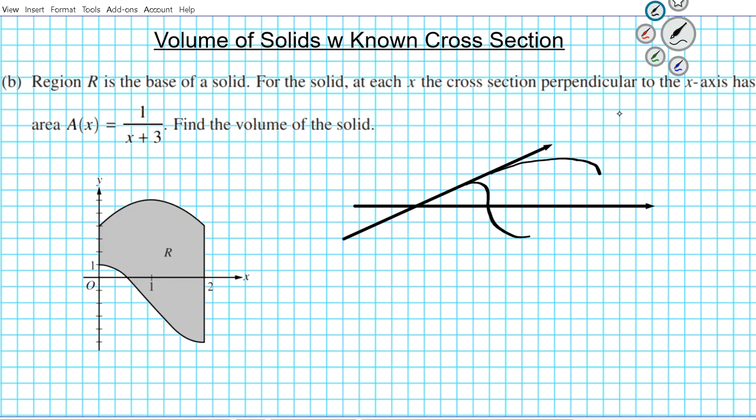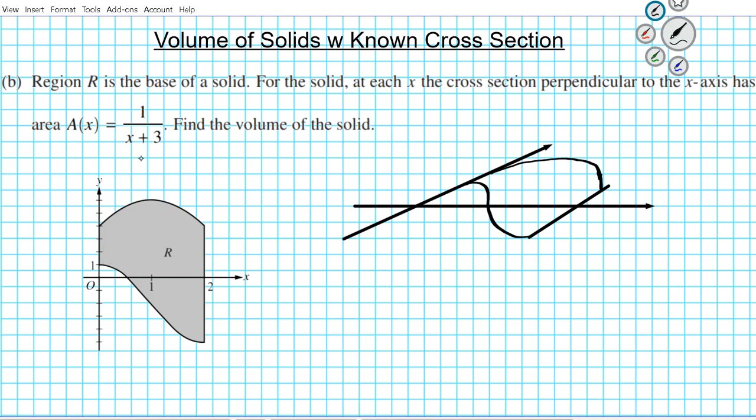And then you have something like this. So you just rotate your region down, make it flat, okay? Now this is the base of the solid.